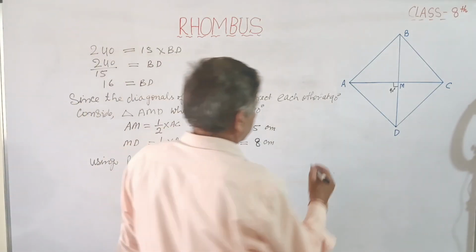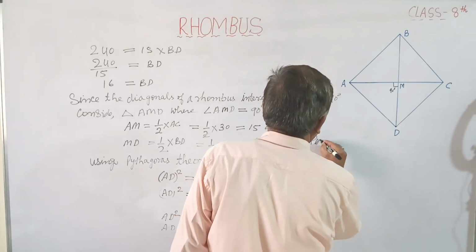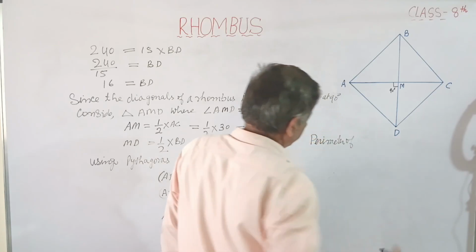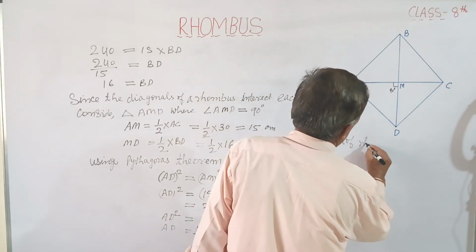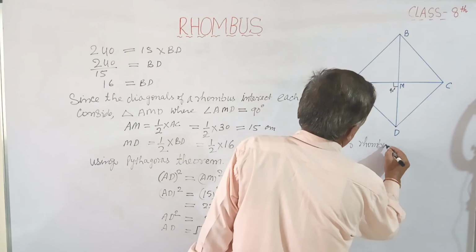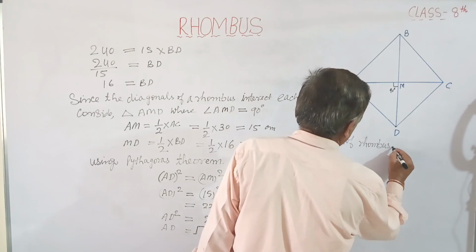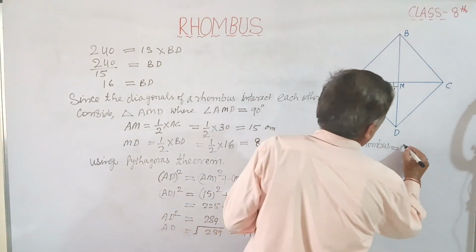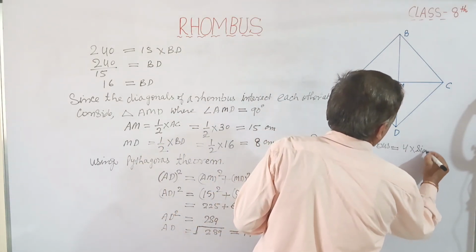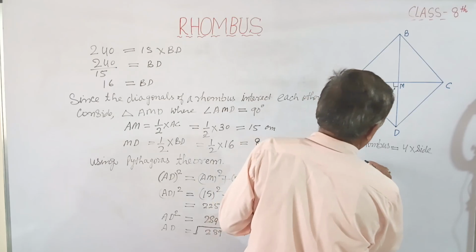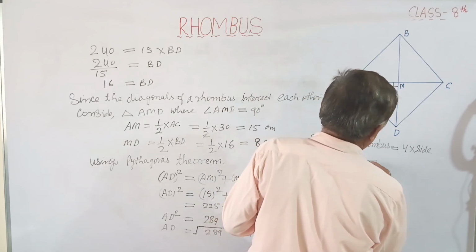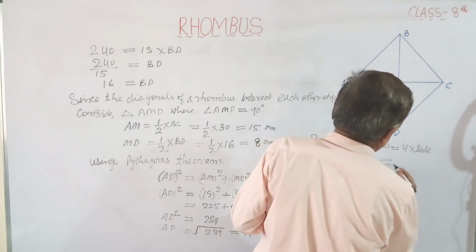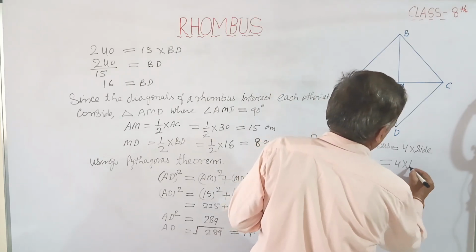Now perimeter of rhombus. I will calculate perimeter of rhombus equals, formula is 4 into side. That means I will get 4 into 17.